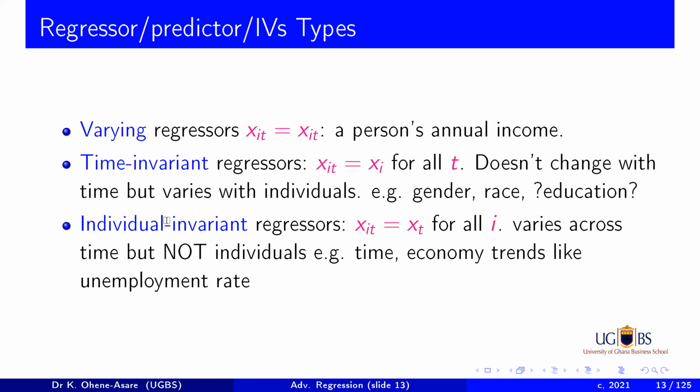Again, I have some questions here for you. What is the difference between a varying regressor and a time invariant regressor? If you look at the first x, it is equal to xit. Yes, Kofi, go ahead.